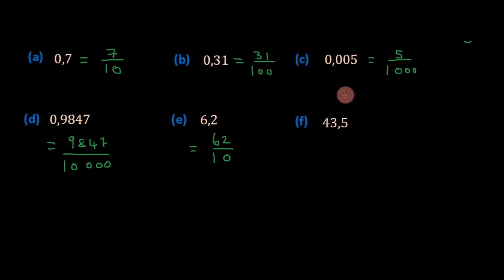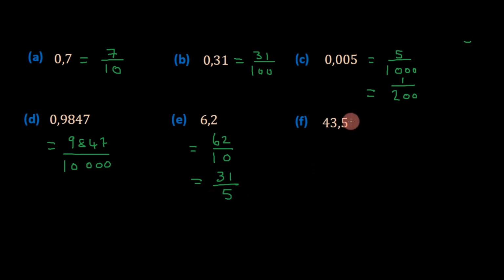And of course, in C, we could simplify this. 5 into itself once and into 1,200 times. Here we could simplify. 2 goes into 62 31 times and into 10 5 times.